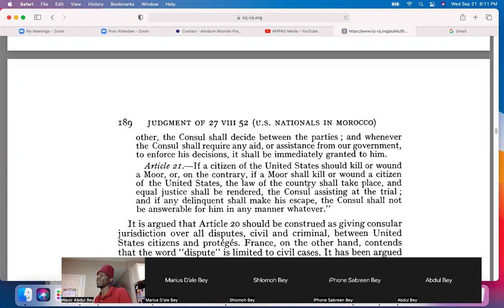We can't keep calling ourselves Americans, like really believing and standing at the same time, we're American. No, we're not Americans. The name is not ancient on this land.